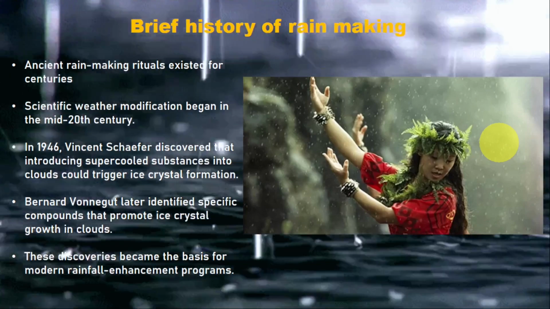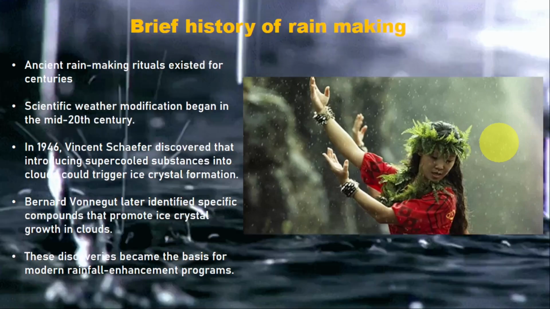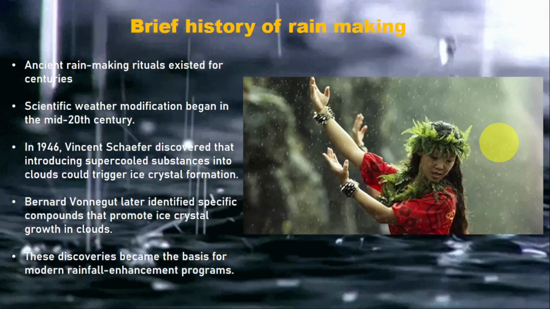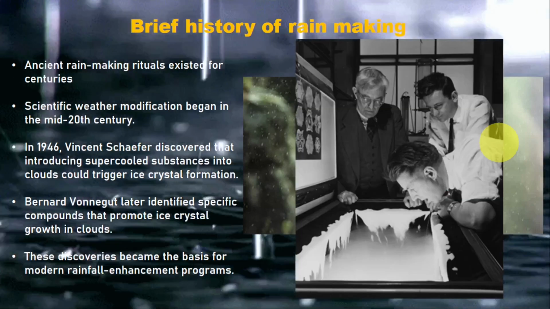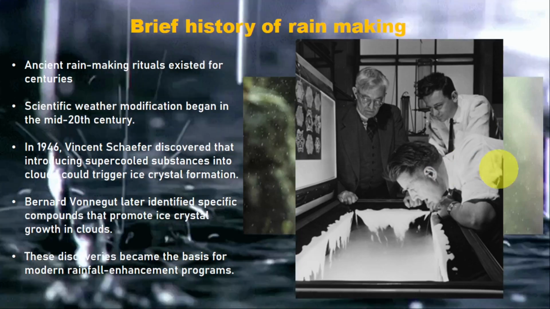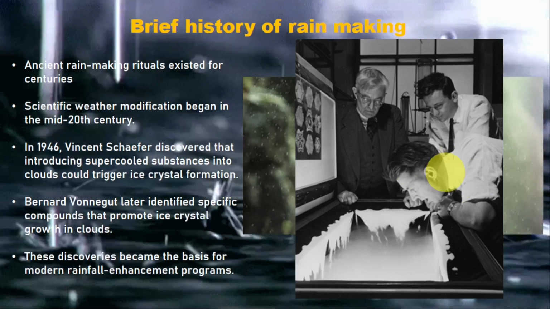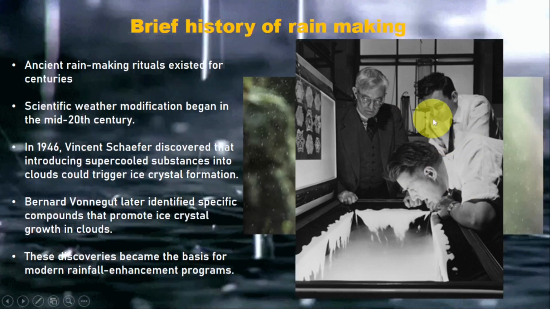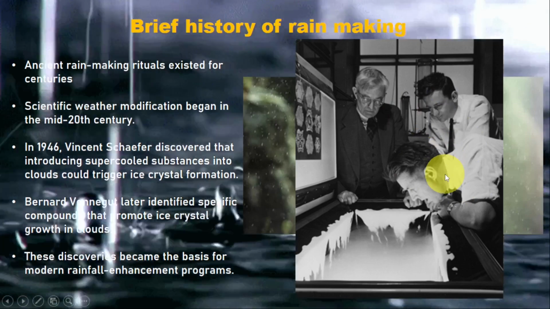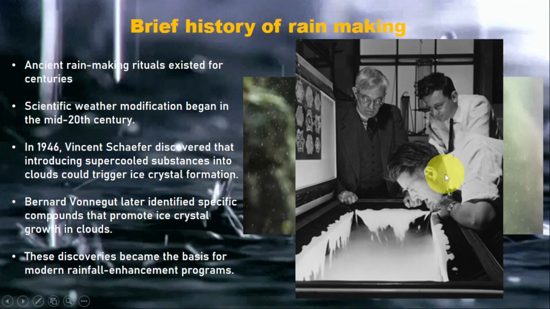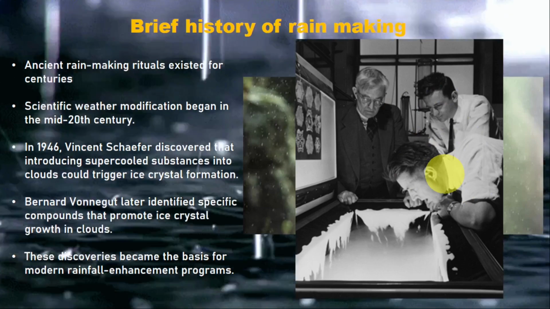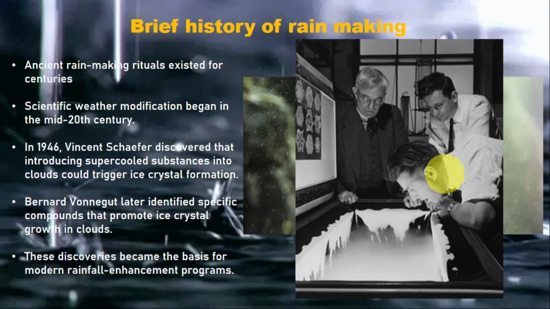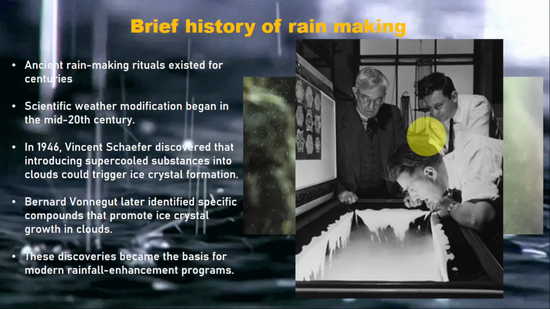So scientists came up with a scientific method of weather modification in the mid 20th century. It started with Vincent in 1946. This is Vincent, and these are members of his team. They discovered that by introducing some supercooled substances into clouds, they could trigger ice crystal formation.